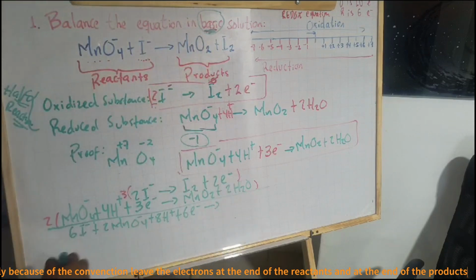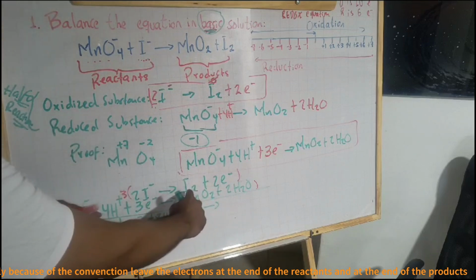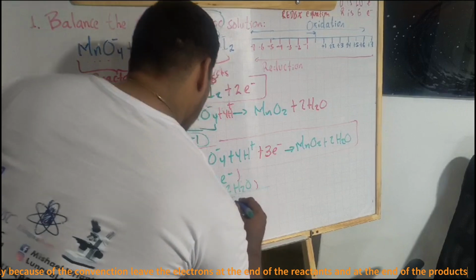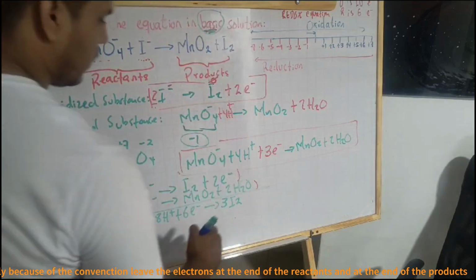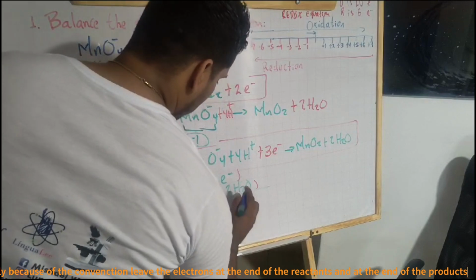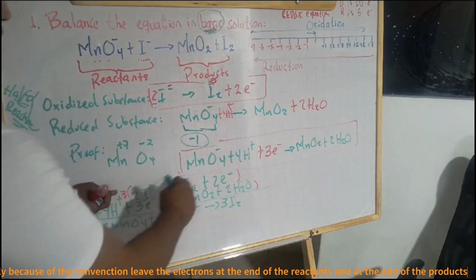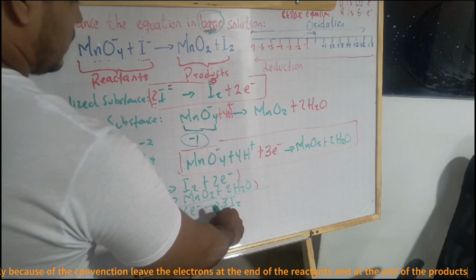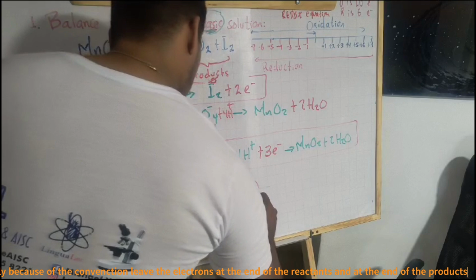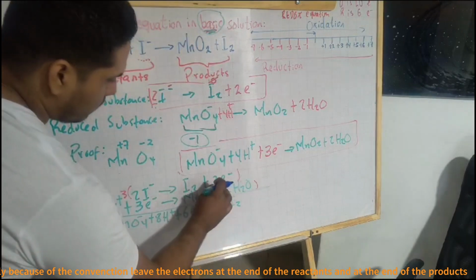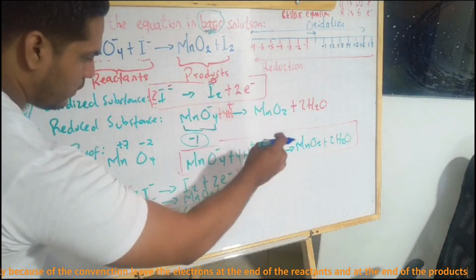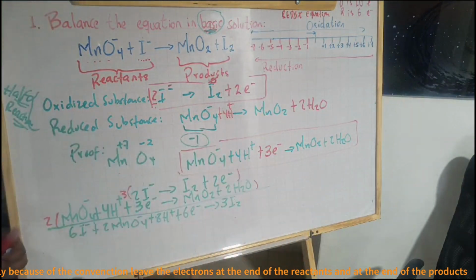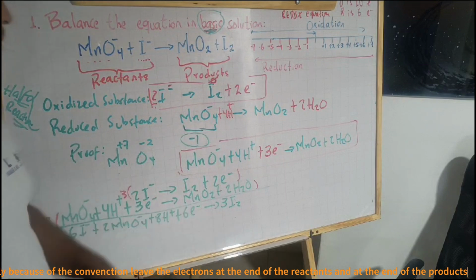Then I go to the product side. So 3 iodine molecules. I'm not going to write these 6 electrons because I will leave it for the end, because by convention I can identify where the electrons are.